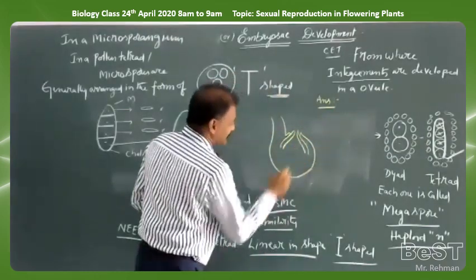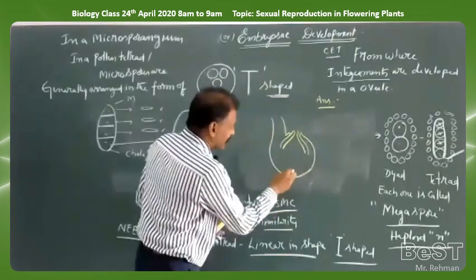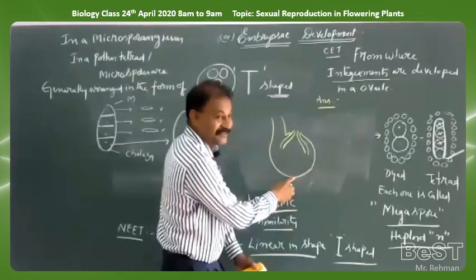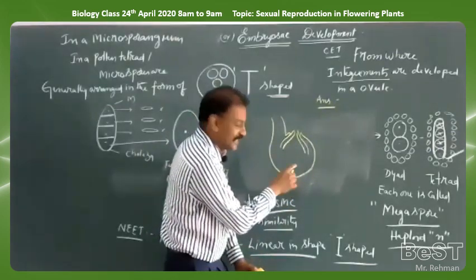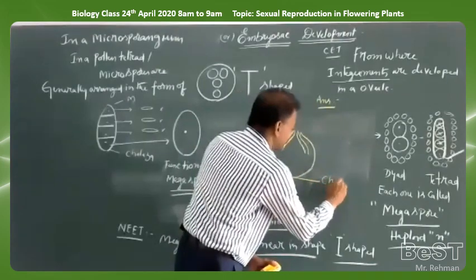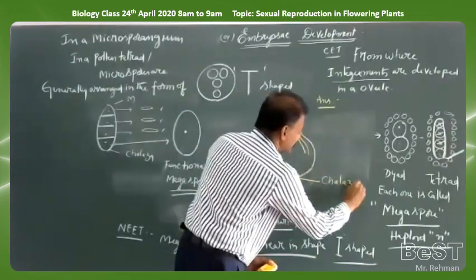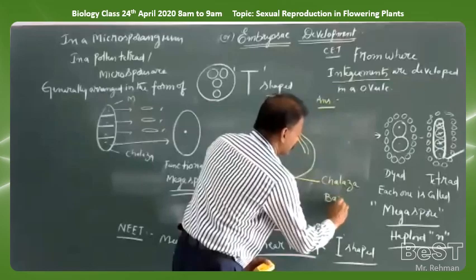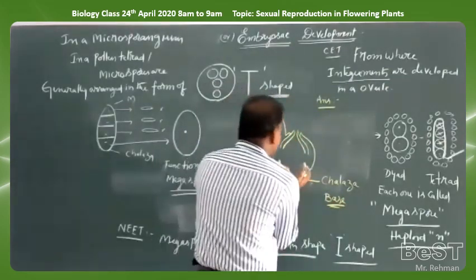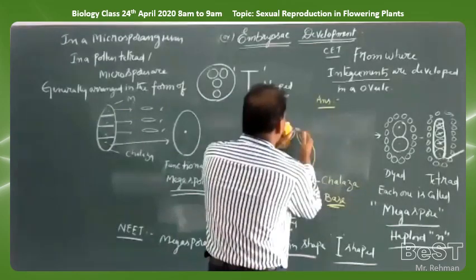The integuments in this ovule were developed from the basal part. So chalaza is the region which is the base. This is the region from where these integuments develop.